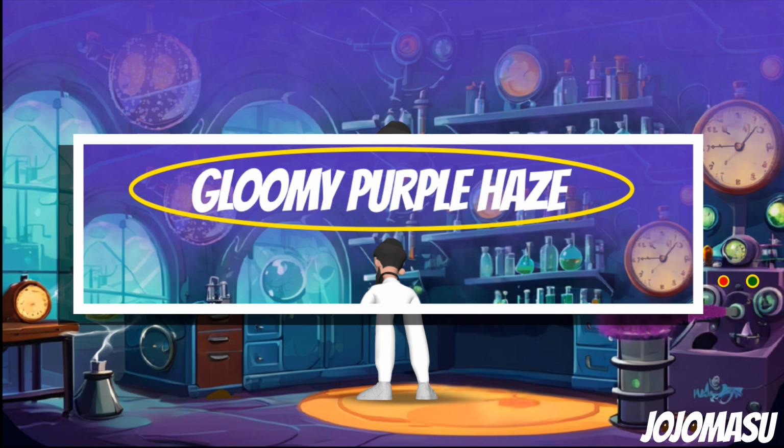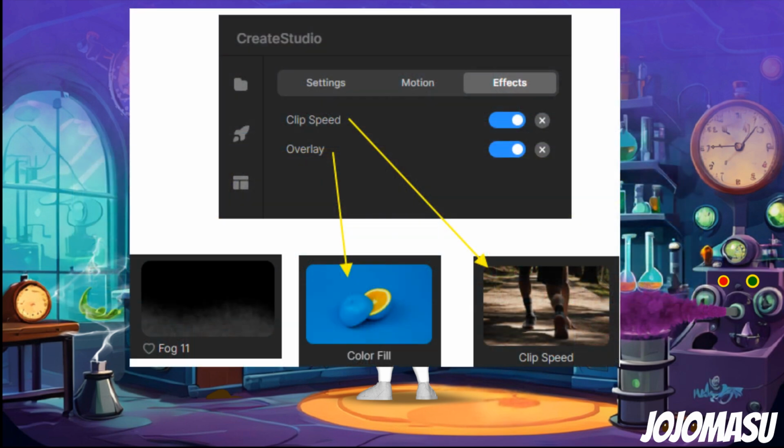So next is the gloomy purple haze. To get that done, I used the stock item Fog 11 from Create Studio. I flipped it upside down, so now it was hanging from the ceiling rather than along the floor. I added a color fill of purple to it, and that's something I'd never tried before, but the color fill actually colored the fog purple, which was perfect for what I needed.